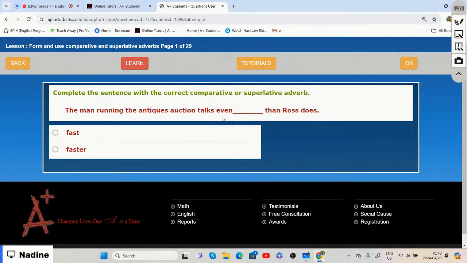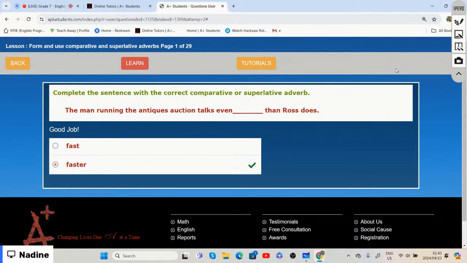All right, so we can say the man is faster. All right, and faster is correct.